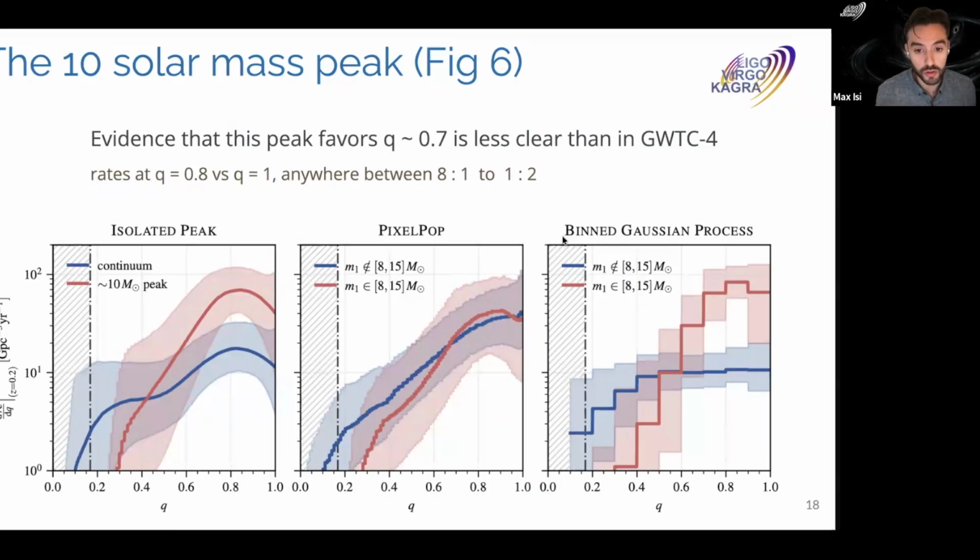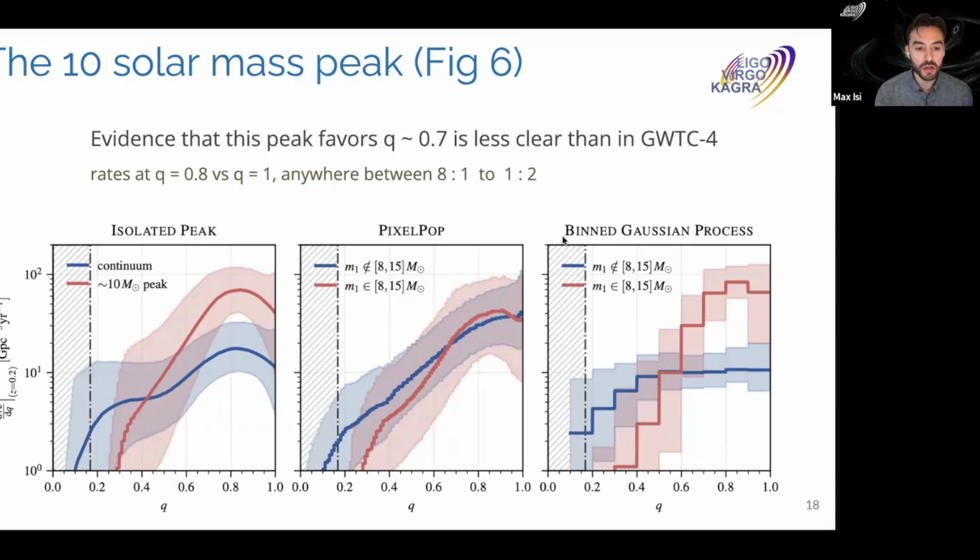And of course, there is a lot of interest in trying to understand if these binaries in this region of primary mass, around 10 solar masses, also have other distinctive properties. In the past, there have been hints that the mass ratio distribution of these binaries could be distinctive from the rest, and in particular that they may favor a mass ratio of around 0.7, significantly away from unity.